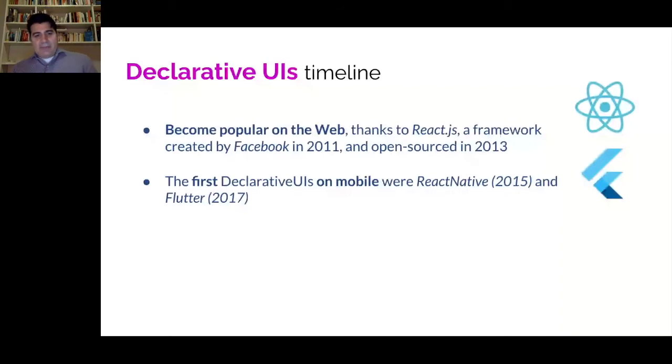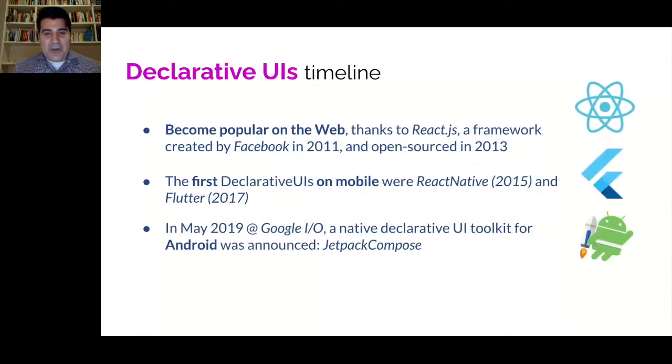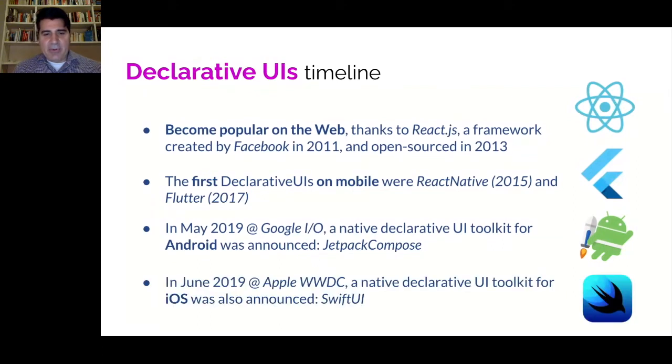So for this reason, and probably for the success of Flutter as well, Google started to create their own declarative UI toolkit, which is Jetpack Compose, and it was introduced experimentally in May 2019. And then the same year, a few days later, at the Apple WWDC, Apple also announced their own declarative UI, SwiftUI.